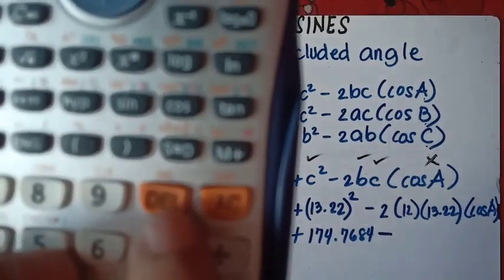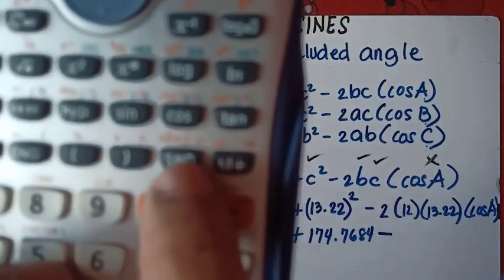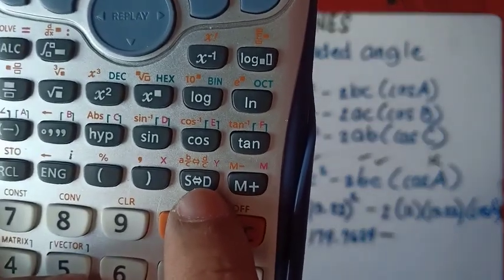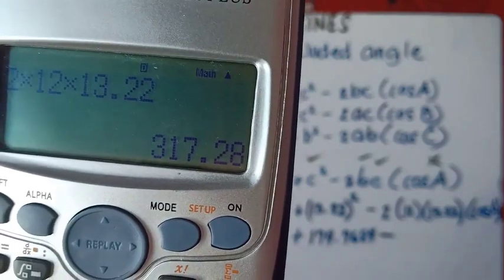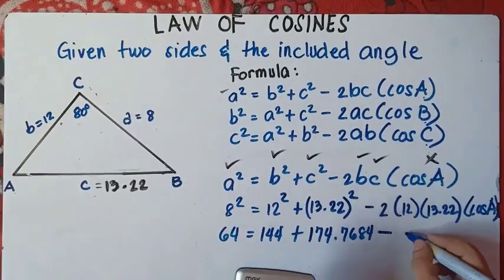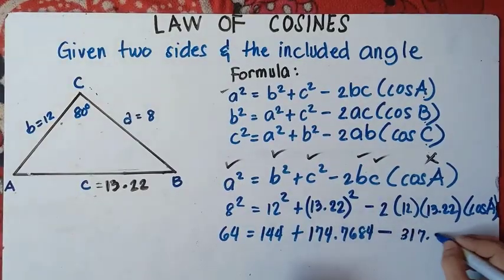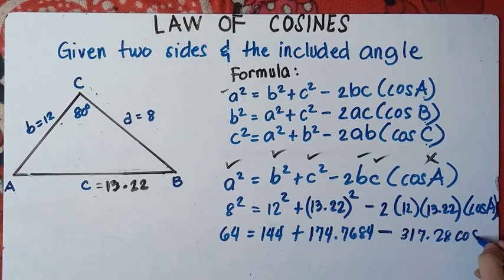It means SD, standard and decimal. You click this one, and your answer will be decimal: 317.28. Then copy cosine A.